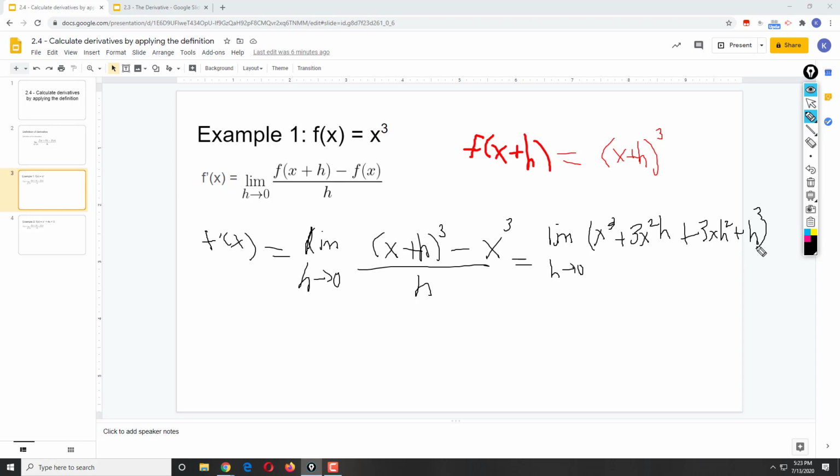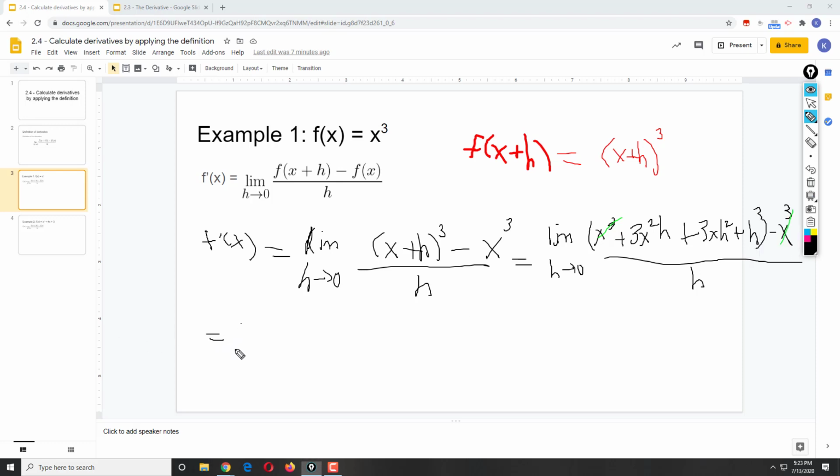Okay, so that's the expanded term, minus x cubed over h. Now the two x cubed terms cancel because x cubed minus x cubed is 0.